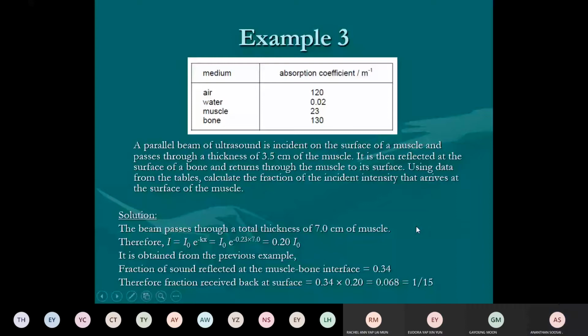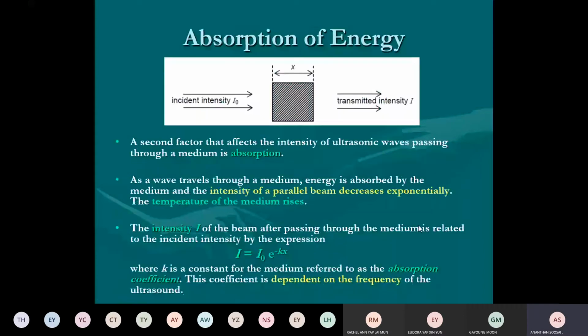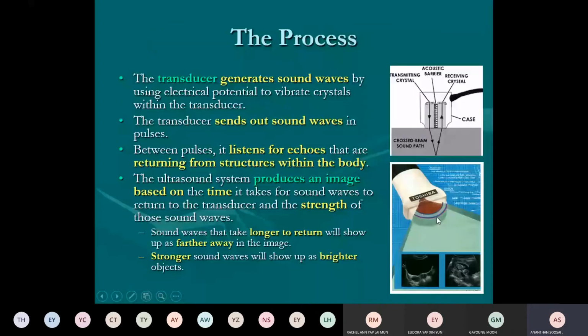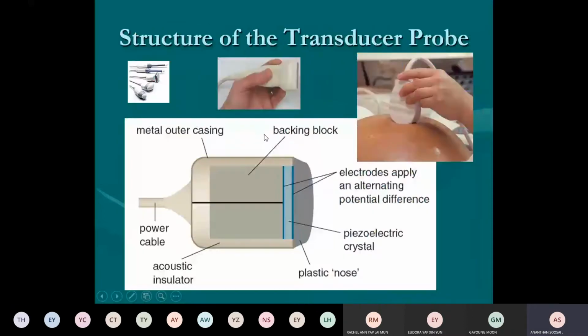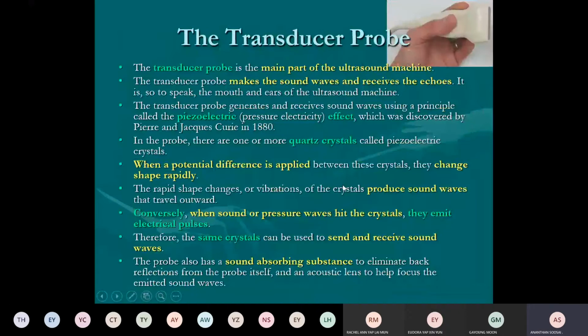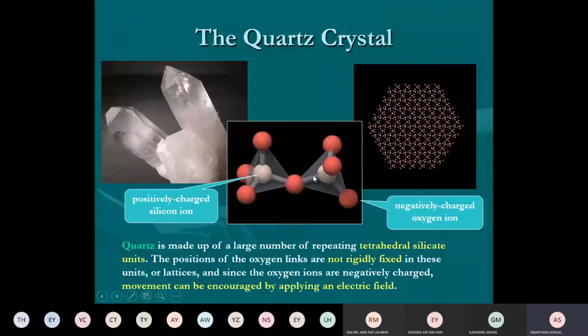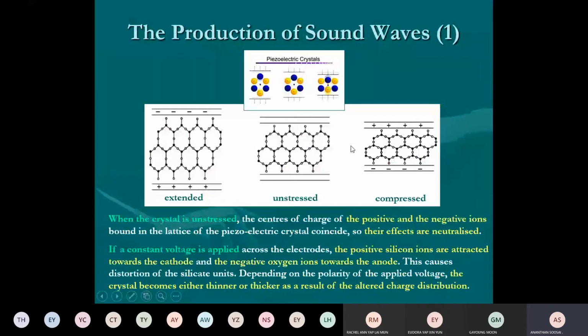Okay, so we learned about ultrasound. A small recap: we learned about the piezoelectric transducer, and how the crystal can produce ultrasound. The charge distribution in the crystal is not uniform; the bottom is more negative than the top. So when you apply an alternating voltage, it starts to oscillate.